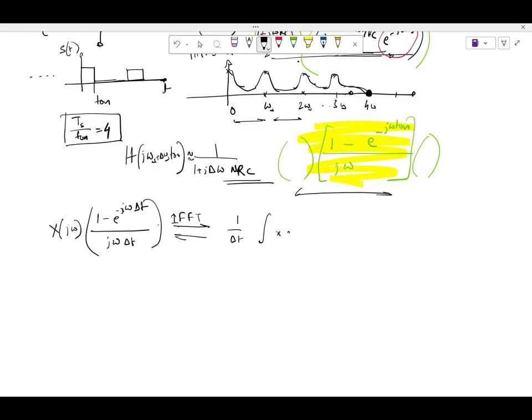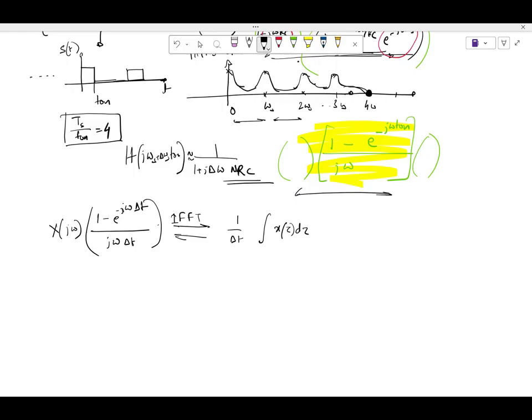Integral of x eta. Eta is some running variable, right? Let me use some different running variable, x, let's say x tau d tau. Note that this tau is not the same as the tau we have been using earlier, some running variable tau.